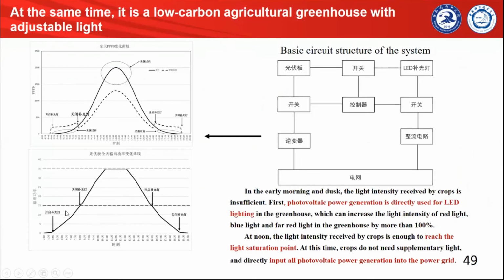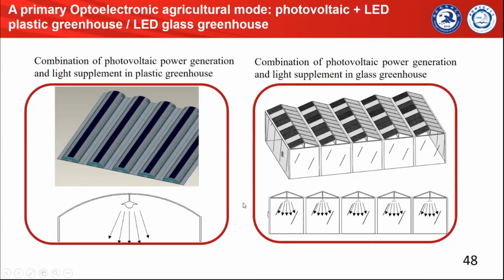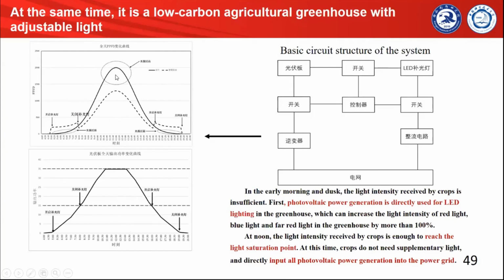We don't supply outside, we just supply ourselves. So in the morning and evening, the light inside the greenhouse becomes stronger, becomes better. And in the daytime, in the afternoon, when the sun radiation is strong, all the light generates power and makes money by selling to the grid.